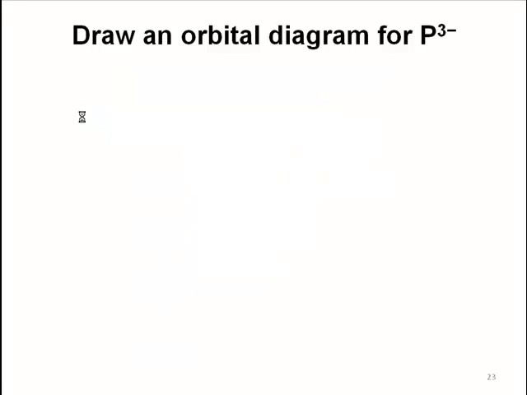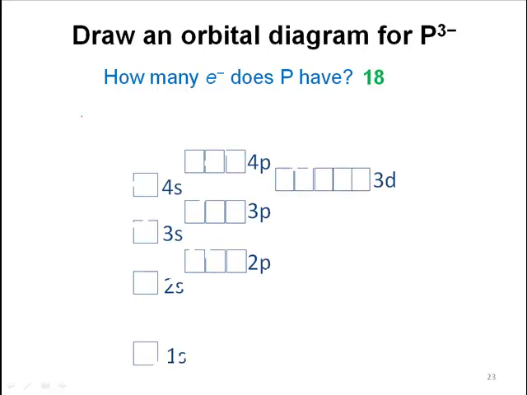Lazy electrons. All right, let's try this one here. P3 negative. Okay, phosphide ion. How many electrons does it have? 18 instead of 15. Why does it have 3 more electrons? Okay, -3 charge. So what do we do with this diagram?